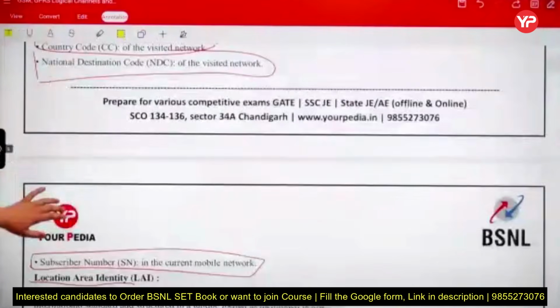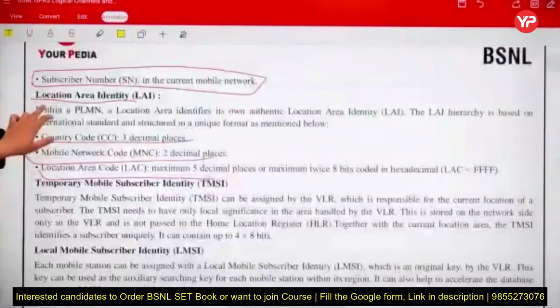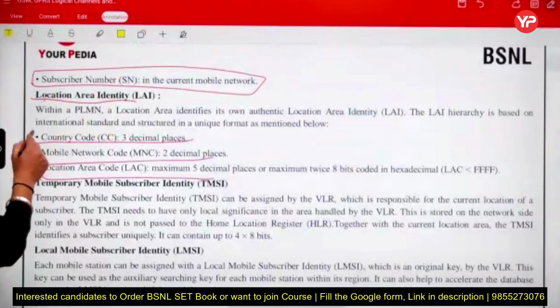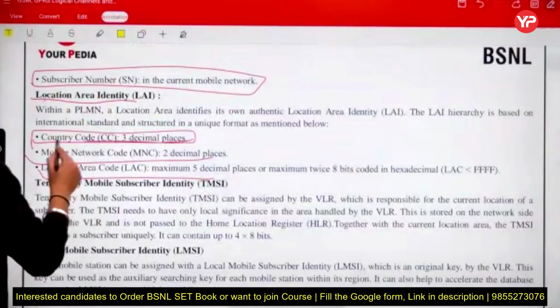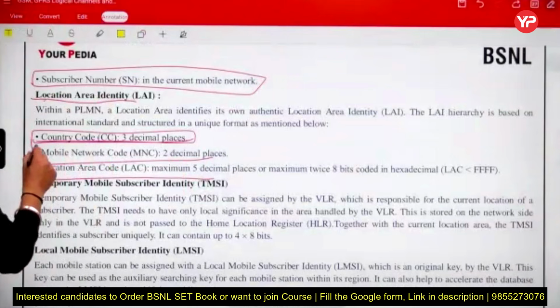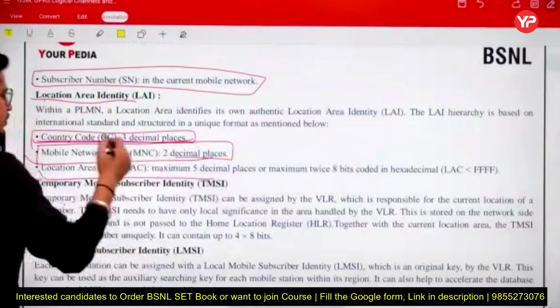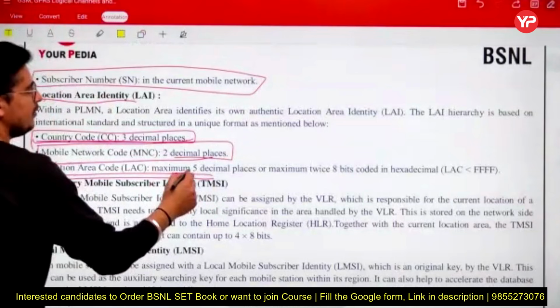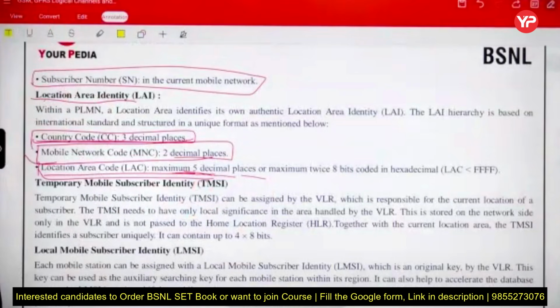In the location area identity, the first thing we have is the country code, 3 decimal places, then the mobile network code, that is 2 decimal places, then the location area code, that has a maximum of 5 decimal places, right?